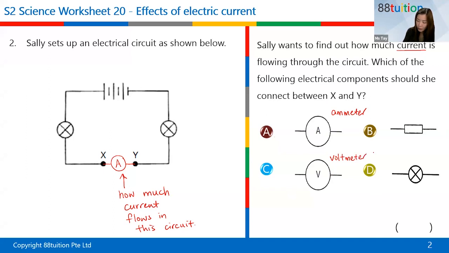The voltmeter looks similar to the ammeter, only that it measures the voltage or the potential difference across a particular component. This is a fixed resistor, and then this is actually the light bulb, or we call it the lamp. So you need to understand all this. You need to know how to draw all this. Very important. So of course, our answer for question 2 is A.